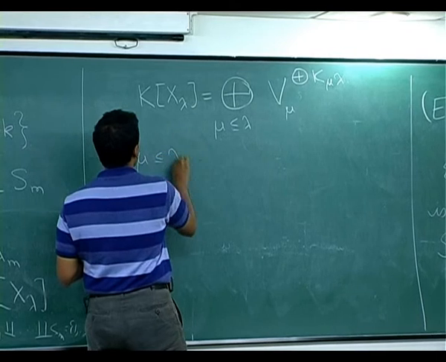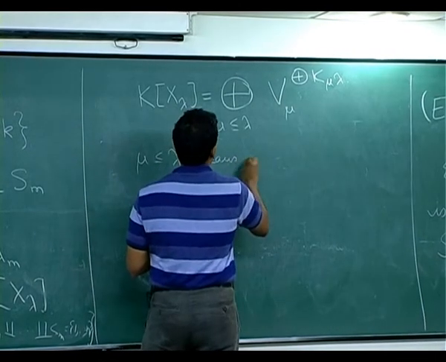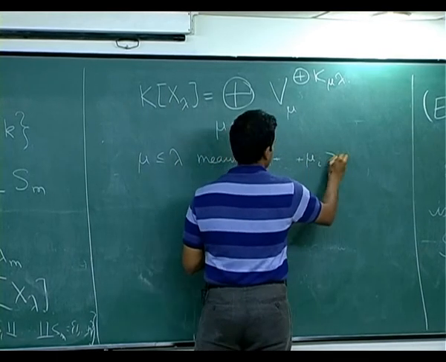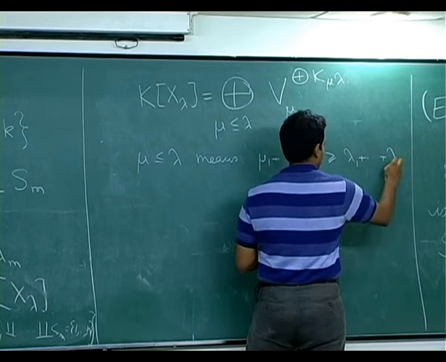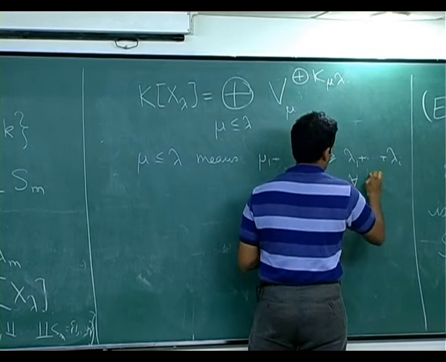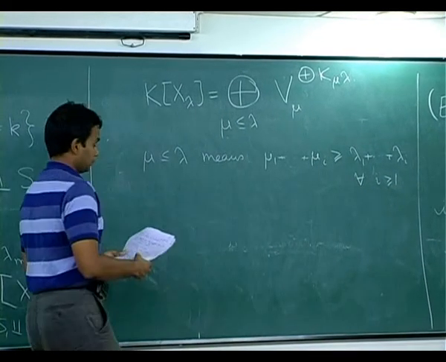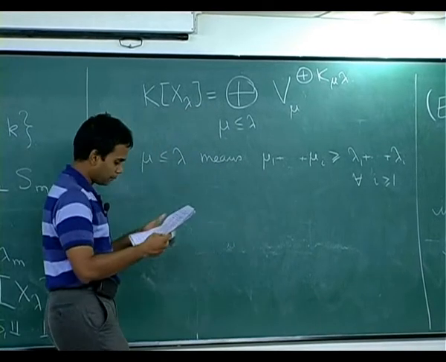Mu less than or equal to lambda means that mu_1 plus ... plus mu_i is greater than or equal to lambda_1 plus ... plus lambda_i for all i greater than or equal to 1. So, this is called the reverse dominance partial order on partitions.